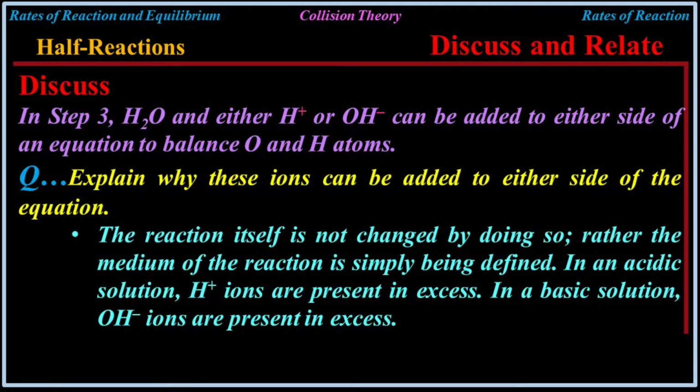The reaction itself is not changed by doing so. Rather, the medium of the reaction is simply being defined. In an acidic solution, H plus ions are present in excess. In a basic solution, OH negative ions or hydroxide ions are present in excess.